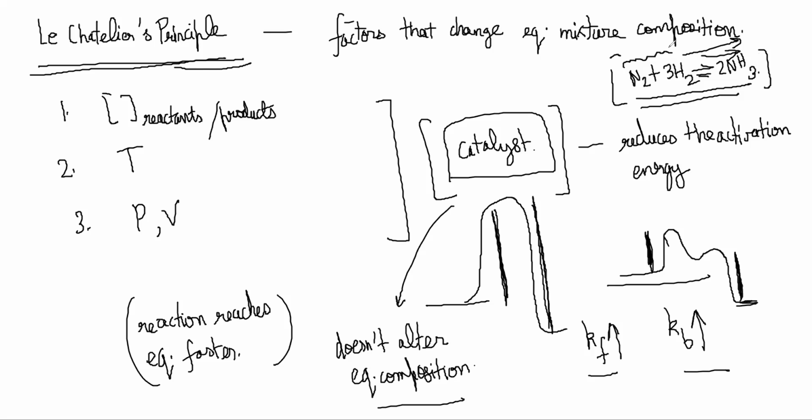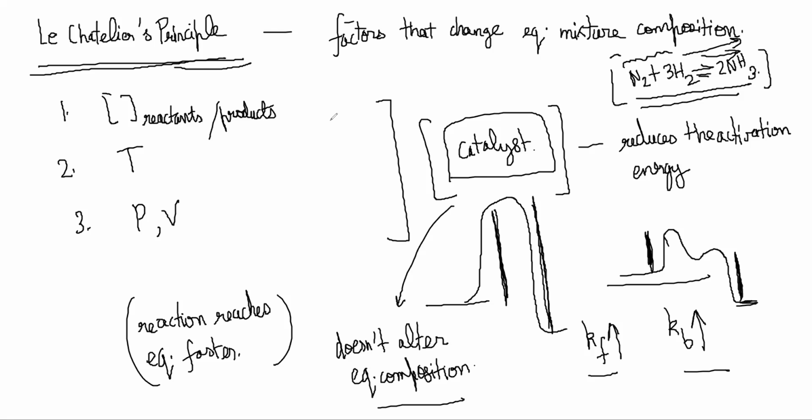Similarly, since we understand pressure, changing volume does the same effect. Changing volume will also change the pressure, because if you increase the volume, you are reducing the pressure, or basically reducing the concentrations, right? So you can just think of volume as the opposite of pressure.